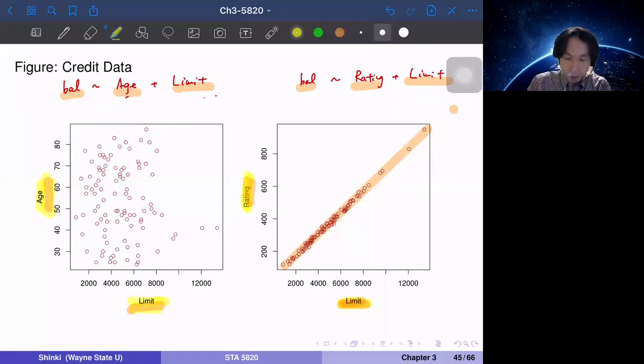The credit rating is also an important factor, but since limit and rating are really closely related, with a correlation coefficient of almost 1, this regression model may be problematic.